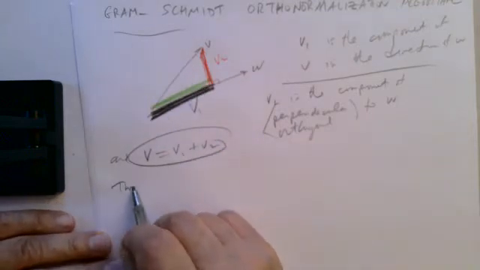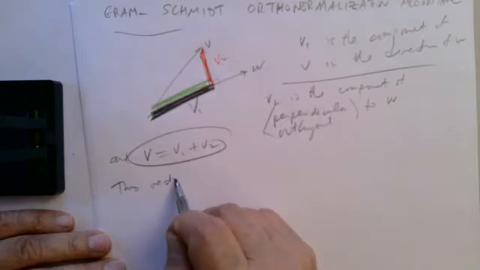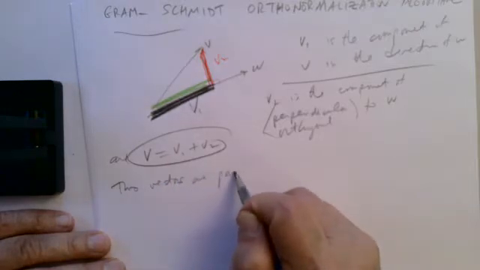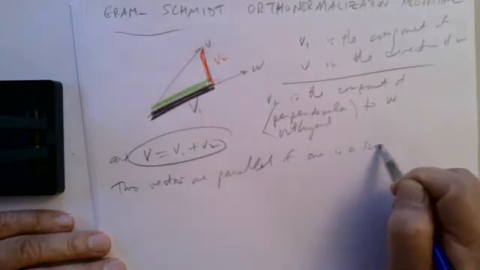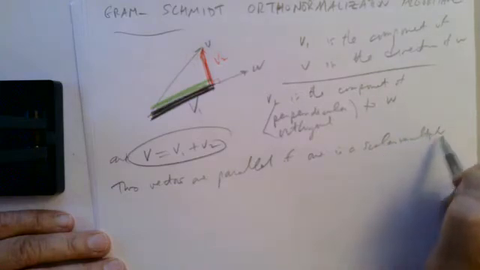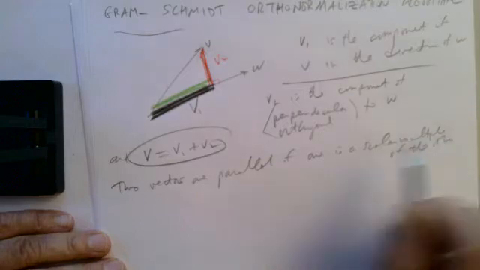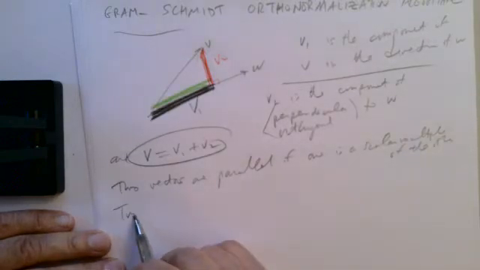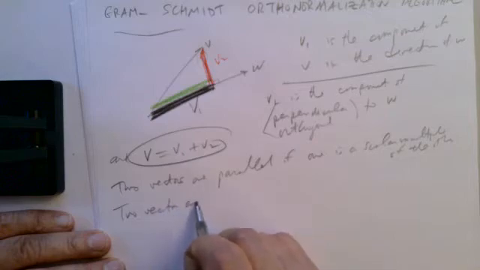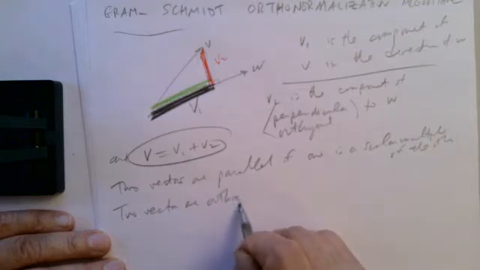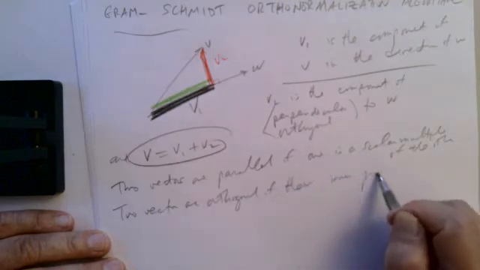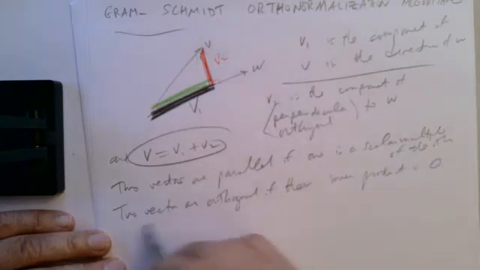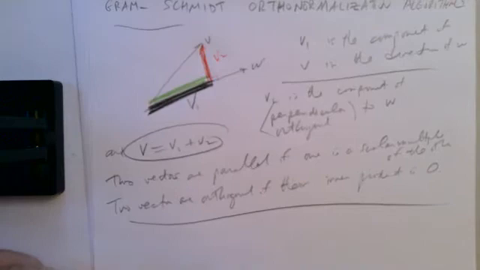And you remember two non-zero vectors are parallel if one is a scalar multiple of the other, and two vectors are orthogonal or perpendicular if their inner product is 0.